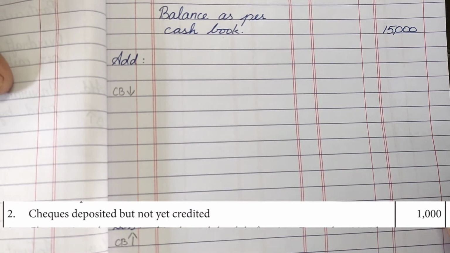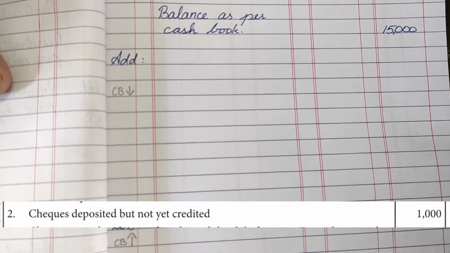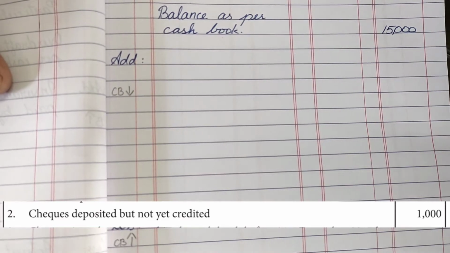So the first transaction again, cheque deposited but not yet credited. We have deposited a cheque into the bank, but the bank passbook shows that it has not yet been credited. So passbook is less. Credit in passbook means deposits.